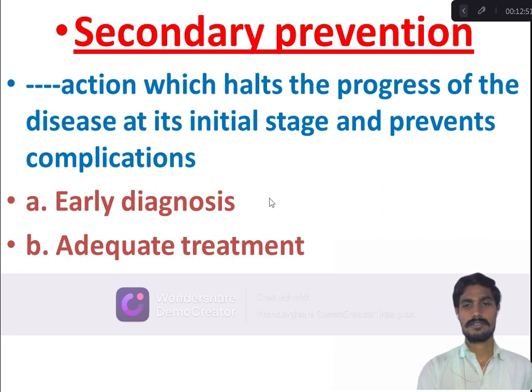Early diagnosis means when the patient shows any signs and symptoms of that particular disease, immediately identify the case and send for clinical diagnosis. That is early diagnosis. Adequate treatment means if the case proves to be positive, immediately start adequate treatment to prevent the progress of the disease at its initial stage.